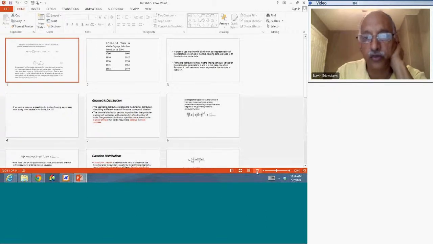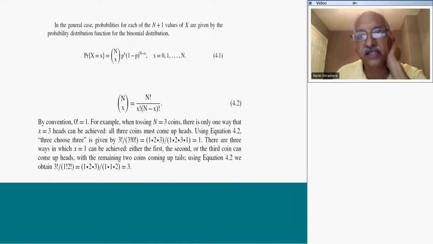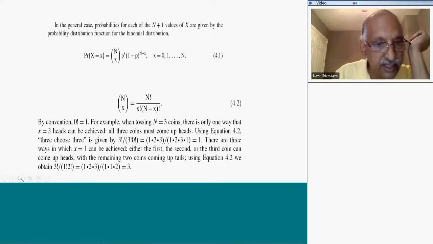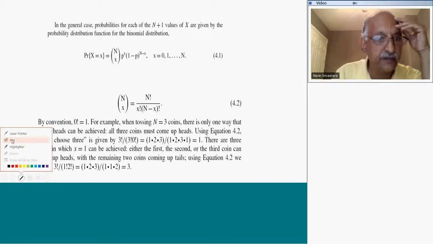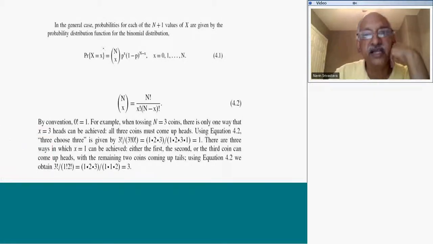So this is showing again this problem. There is something called binomial distribution, being explained over here, and also explained on this in the thing that I highlight.